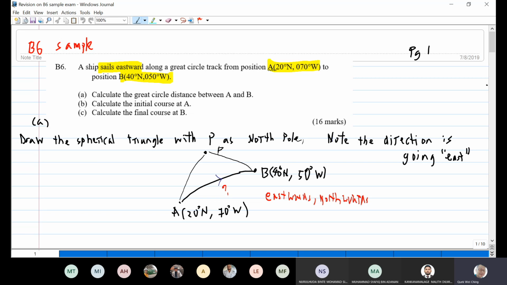From the diagram, the direction of movement is going east and going north. So the direction is eastward and northwards.